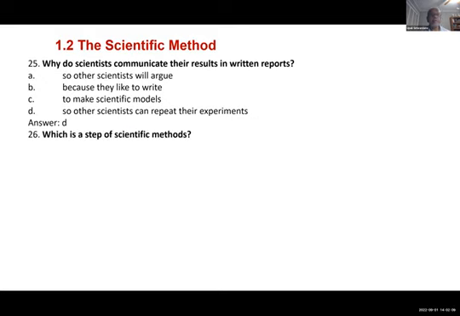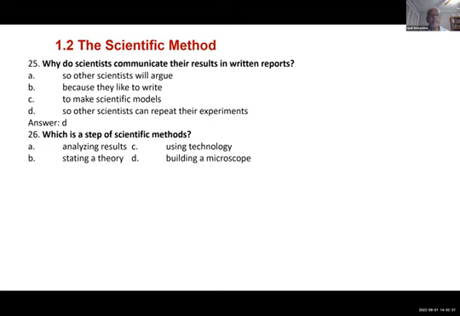What is a step of the scientific method? Analyzing results. Of course, we analyze results or data using technology. Stating a theory. Building a microscope.